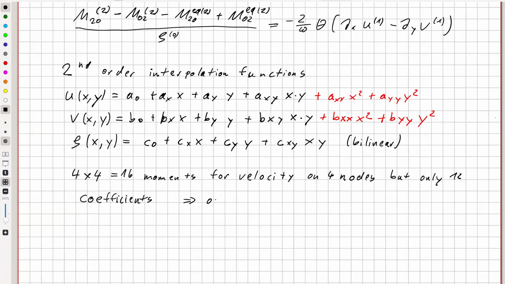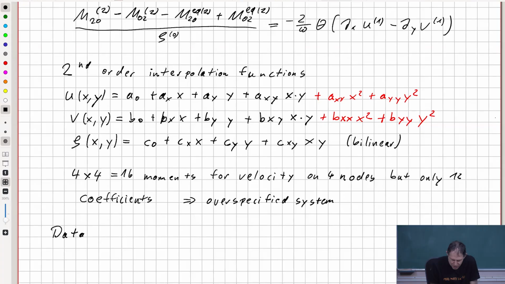This means we have an over-specified system. Actually, we have too much information to deal with. So now we have to reduce this, and this is done in the following way, with a data reduction.